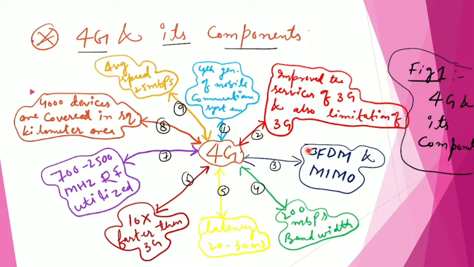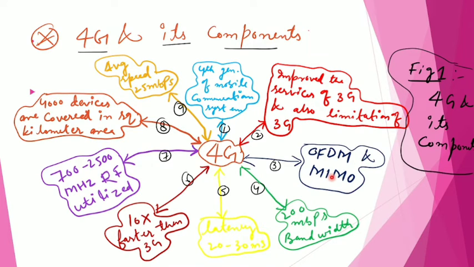Here the question arises, what is uplink and what is downlink communication? As we all know, uplink communication is the communication from mobile to base station, and from base station to mobile is downlink communication.